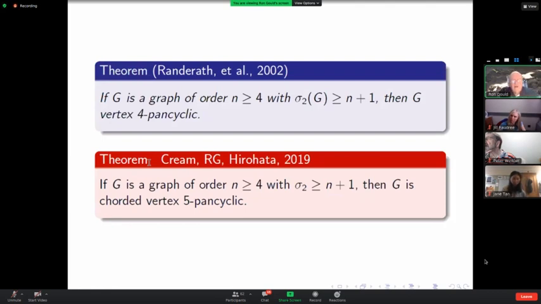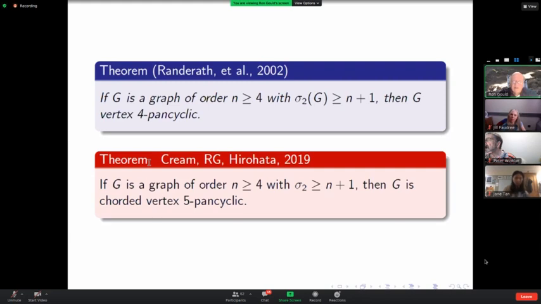Ronderoth et al., back in 2002, had another vertex pancyclic type result where the sigma 2 was at least n plus 1, more than the Ore condition. Then they were able to show that G was vertex 4-pancyclic. So any vertex is on a cycle of length 4 on up to a Hamiltonian cycle.